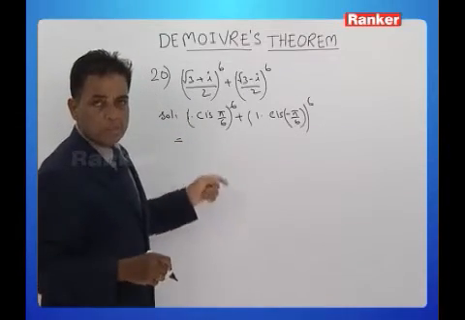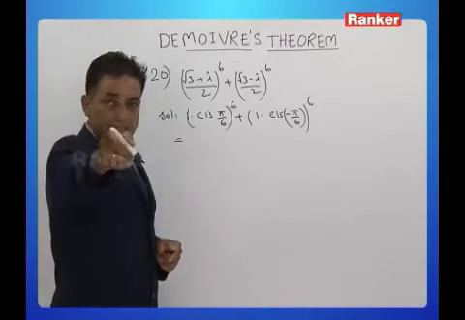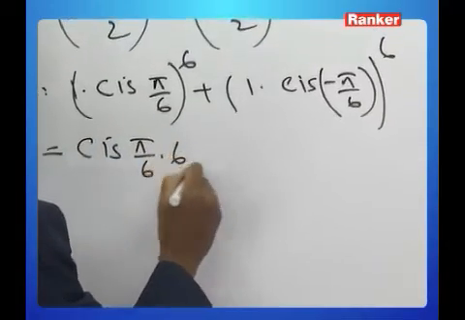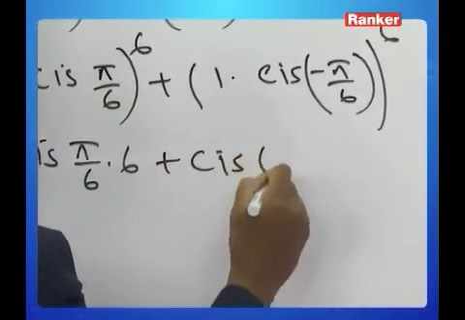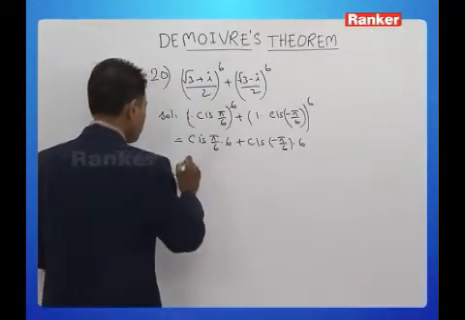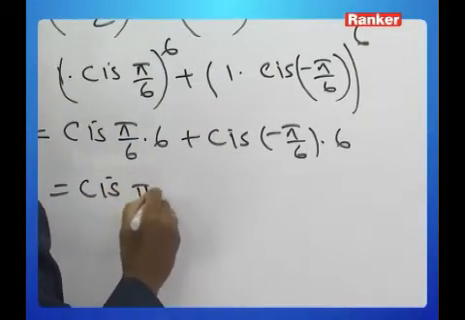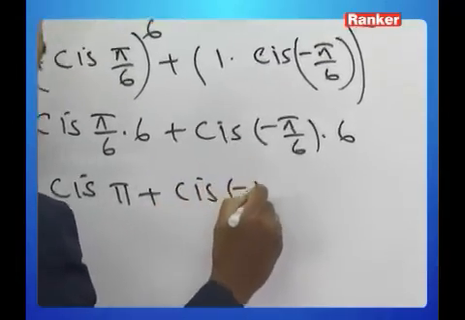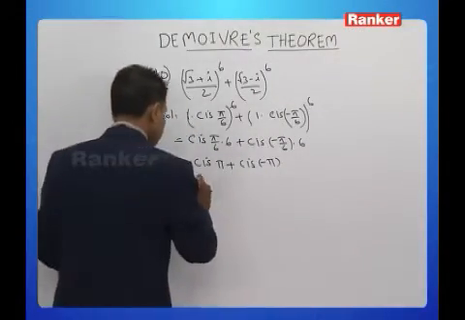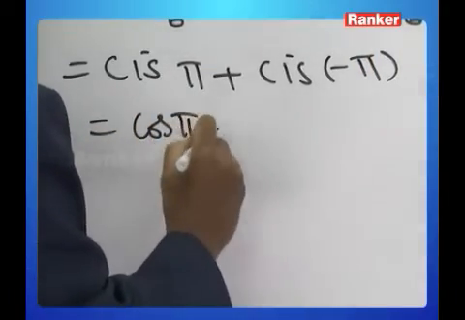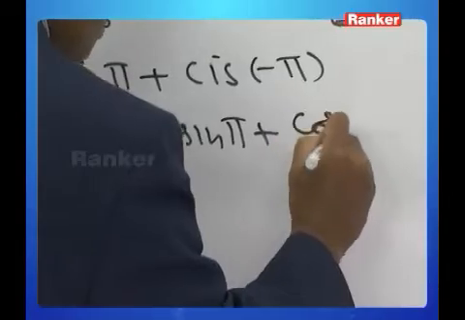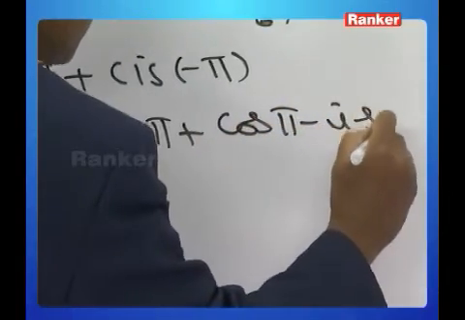Now, de Moivre's theorem says cis theta power n is cis n theta. So pi by 6 into 6, minus pi by 6 into 6. The 6s get cancelled: cis pi plus cis minus pi. Cis pi means cos pi plus i sin pi. Cis minus pi means cos pi minus i sin pi.